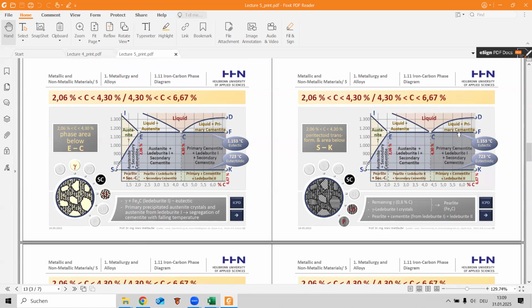We have the SK line: the remaining austenite and austenite from ledeburite 1 crystals. We get pearlite, and cementite from ledeburite 1 is ledeburite 2.